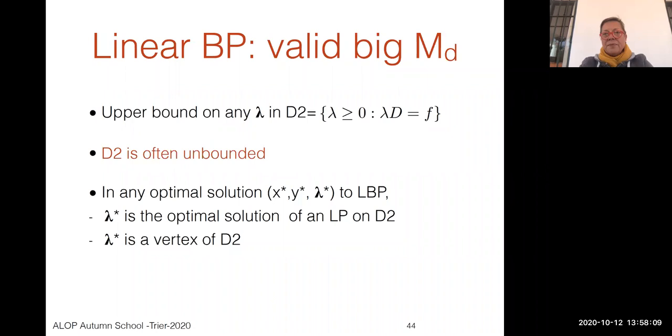Because what you need here for the big M on lambda is a bound on the maximum value that lambda can reach in a feasible solution or in an optimal solution. And this is the issue here.